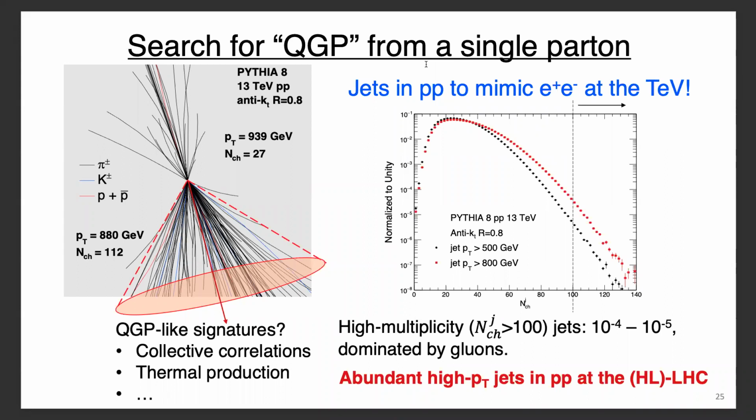These are very rare jets in the tail of the distribution. This has never been studied. Very rare jets. On average, each jet will produce maybe 20 particles, so I would like to look at the ones that produce a couple of hundred particles.